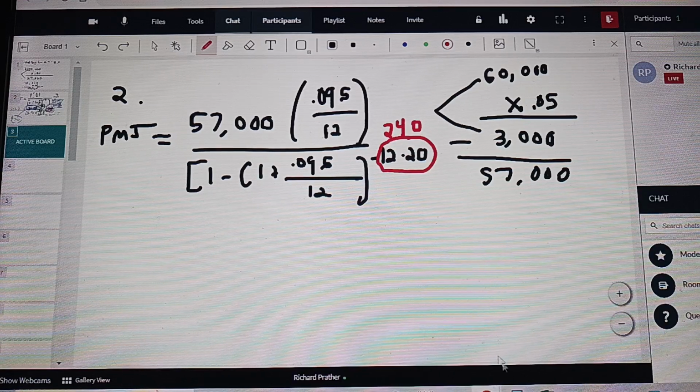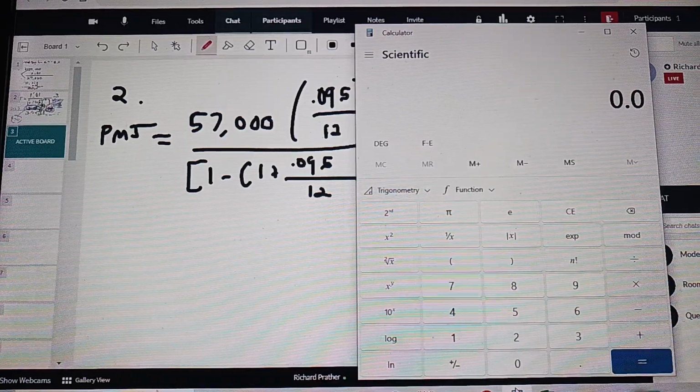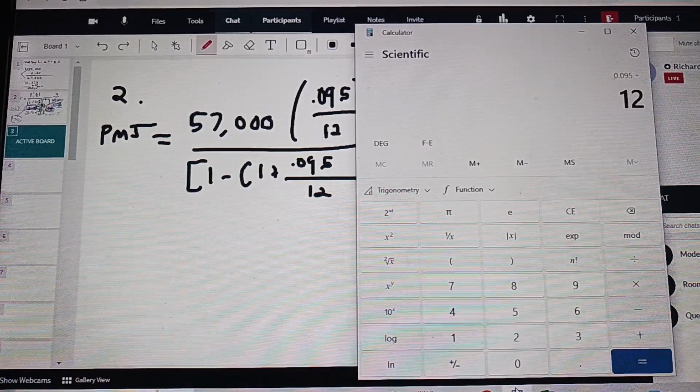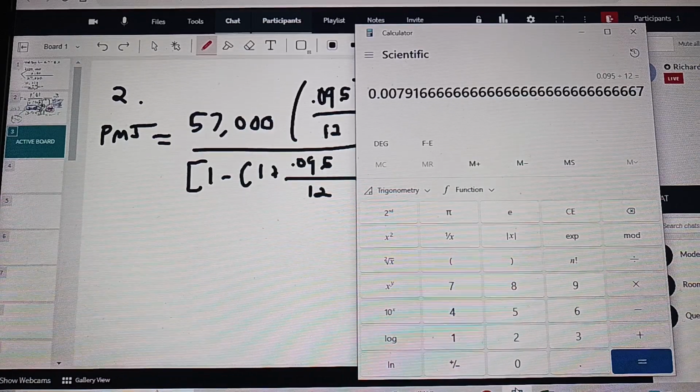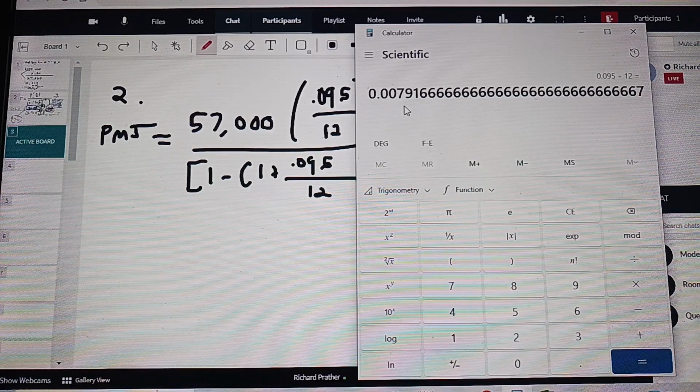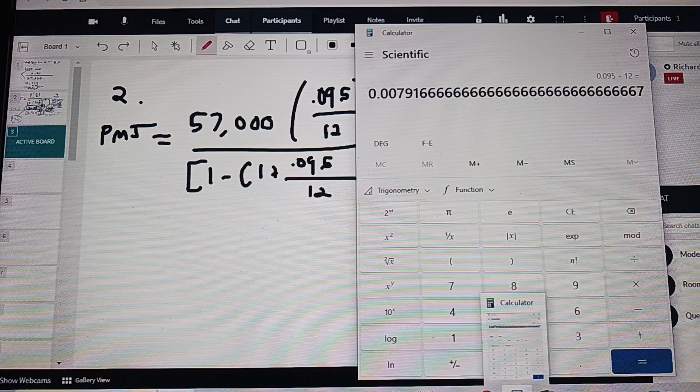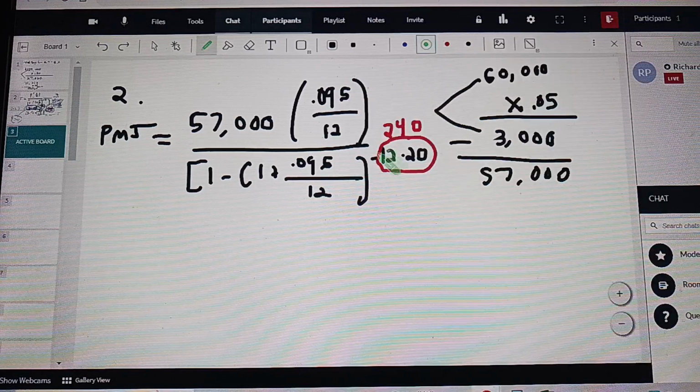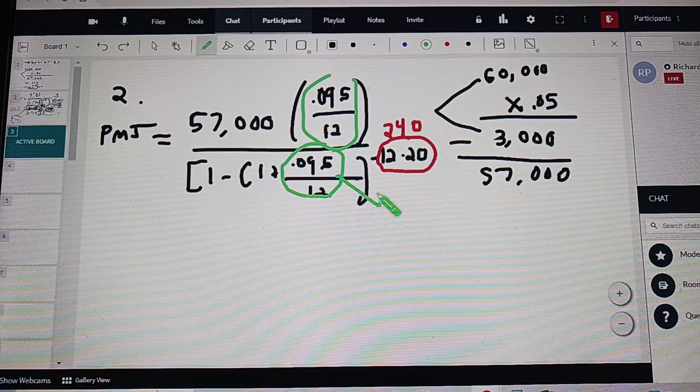Let's hope that 0.095 divided by 12 isn't too messy. Wow, it is messy. Okay. 0.0079166666, repeating.